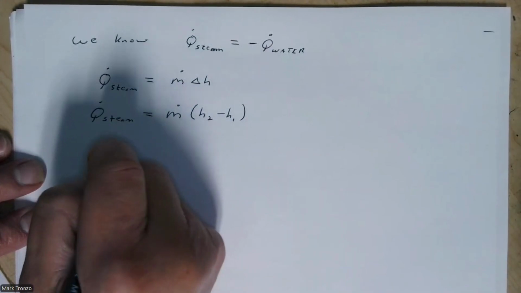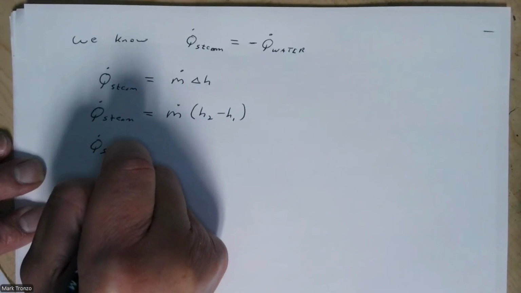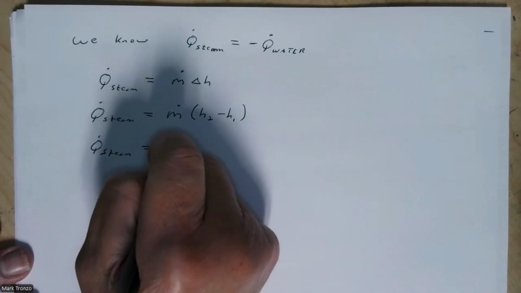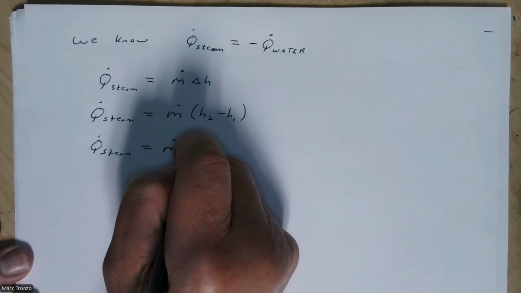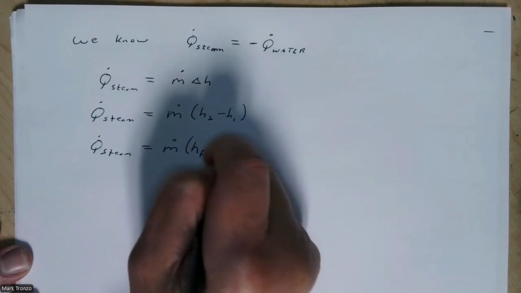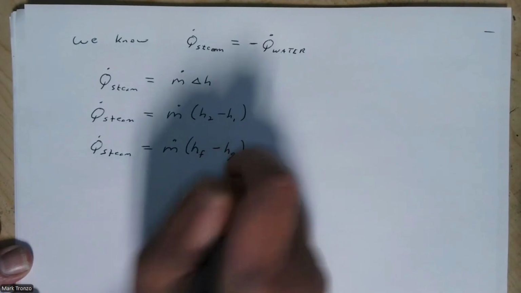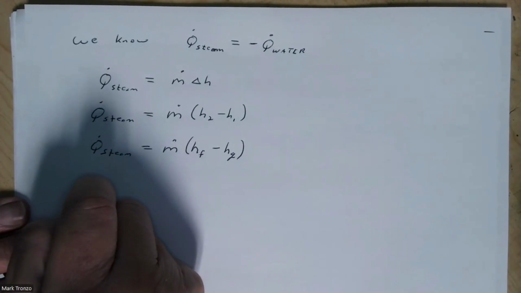And then again, just to show all the steps, you don't have to show all these steps, but I just want to be sure everyone understands. In our case, it's vapor condensing to saturated liquid. So that means H2 is going to be Hf, and it started out as saturated vapor, which is going to be Hg. So if we want to find the mass flow rate, we'll just solve for this.